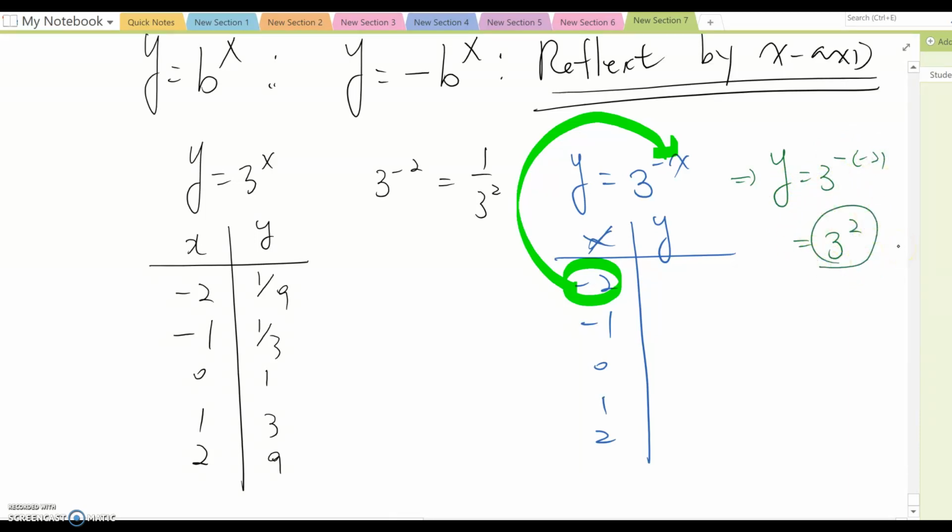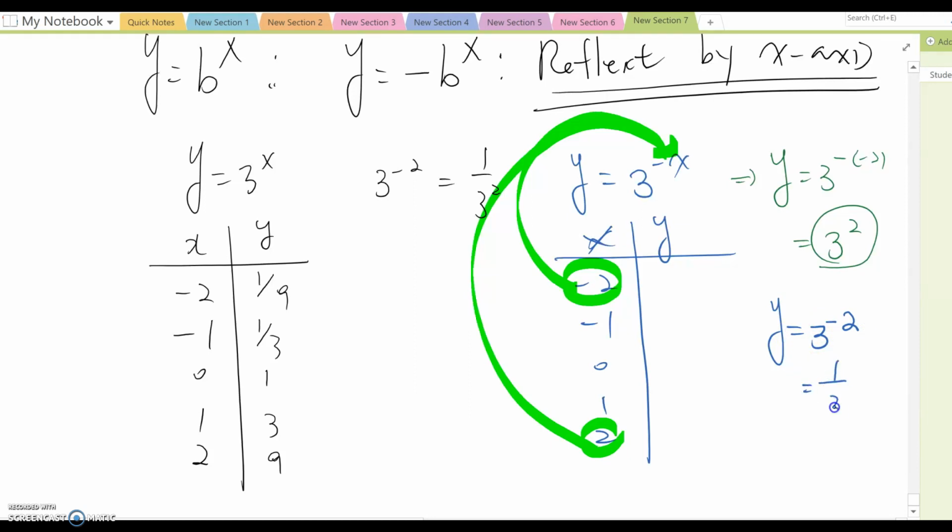However, if you plug 2 into here, then this is going to be y equal to 3 to the negative 2 power, which means 1 over 3 squared, so it becomes 1 over 9. So as you see, whenever you plug negative 2, it becomes a positive power, and a positive number then becomes a fraction. So this becomes 9, 3, 1, 1 over 3, and then 1 over 9. That's what happened here. Okay?